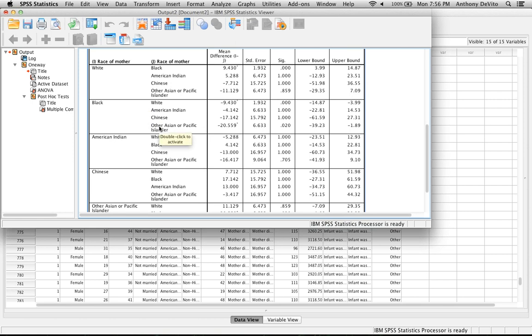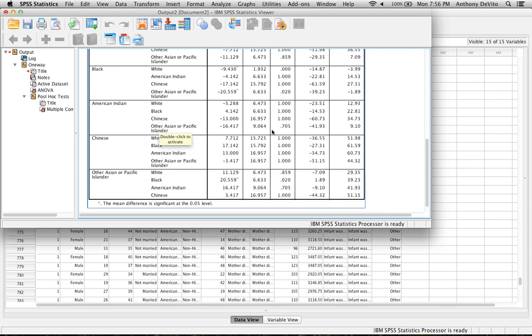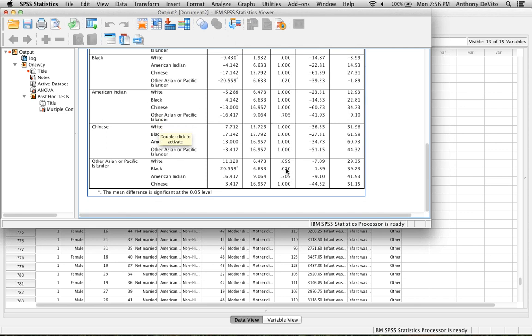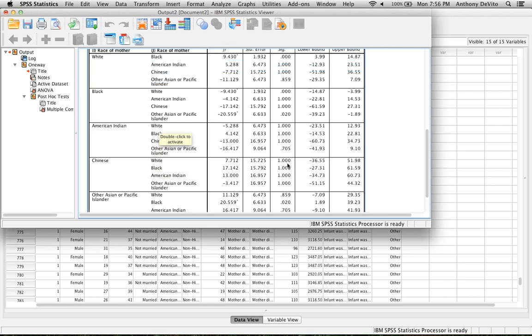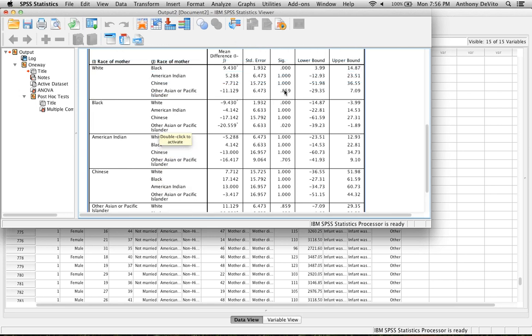Again, same result. Oh, wait a second, I'm wrong. We can say that there's also a difference between black infants and Chinese, Asian, or Pacific Islander. Let's see if we can see any others. No. Those are the only ones that are significant, those 3 comparisons. So we would be just looking for which of these are below 0.05.